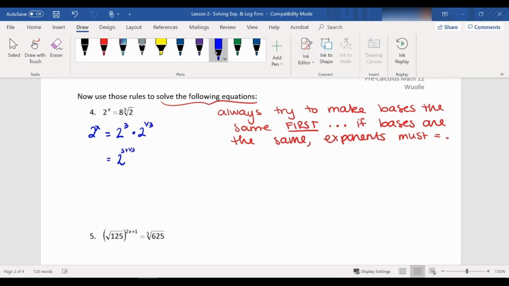Okay? If I add these exponents together, I'm going to get 3 plus 1/3. You'd need common denominators for this. This would be 9/3 plus 1/3, or 2 to the 10/3. And the left side this whole time is staying the same. Well, now we can see this means x is equal to 10/3.